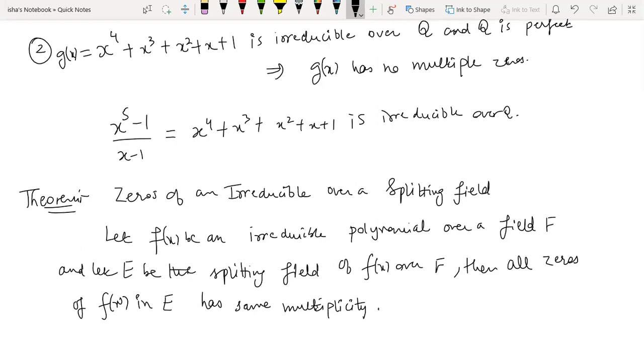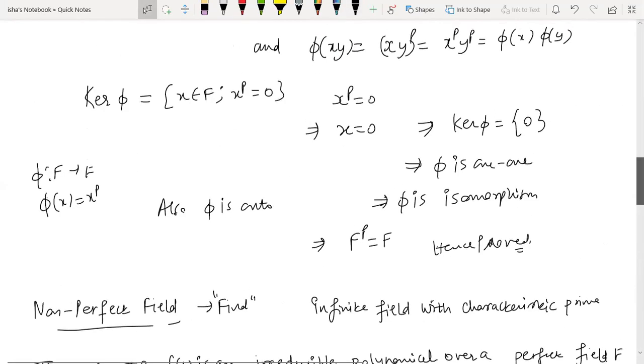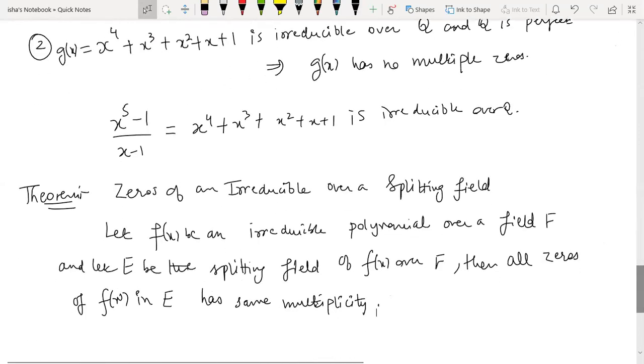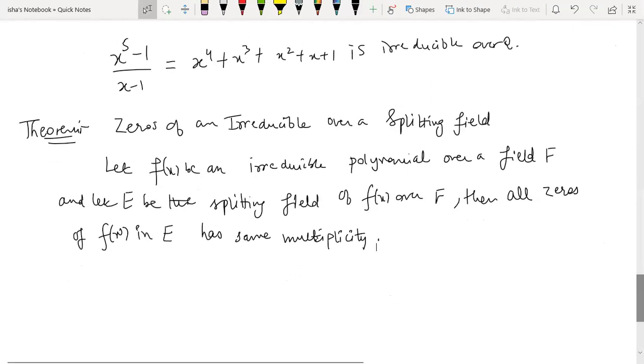So for all these results that we have stated today, we have not done any proof, but we will be using them in the questions. So we'll be taking that up next time, because we need to do at least 3 to 4 examples for the same, and then we'll move to the next chapter. So that's all for today. In case you have any doubt, you can ask.